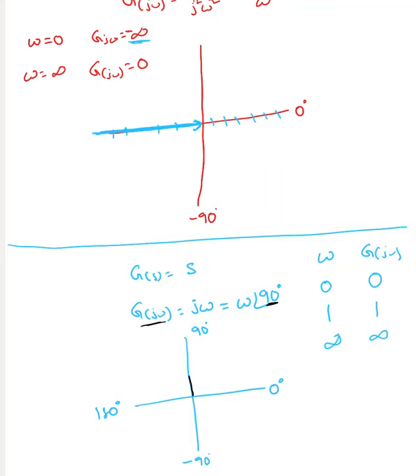So the phase angle is 90 degrees, so it's going to be something like this. It's approaching infinity when omega approaches infinity. Okay, and when omega equals 0, gj omega value equals 0. So this is the graph for g of s equal to s.